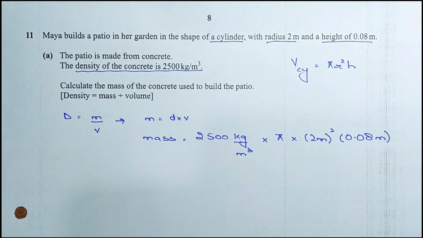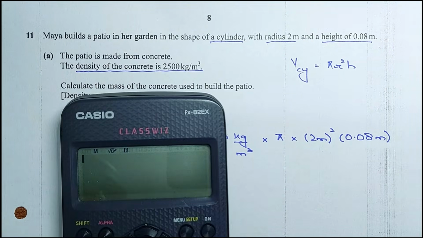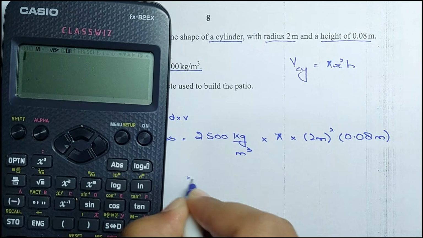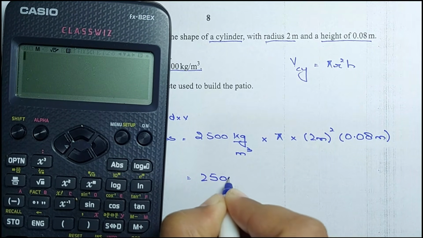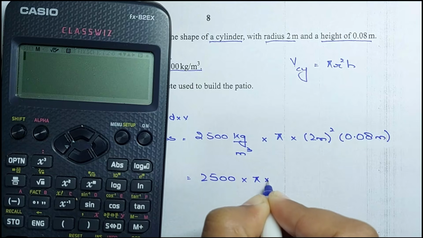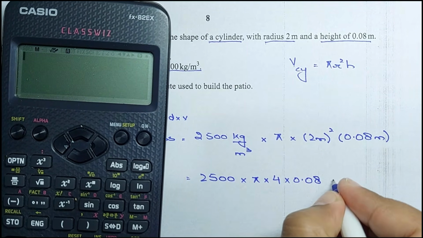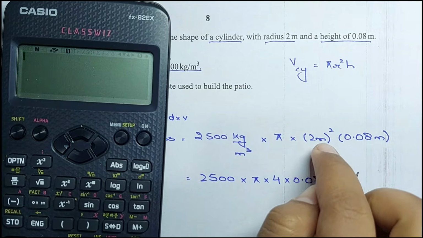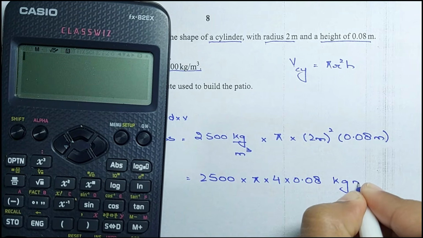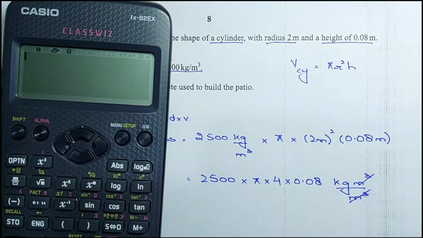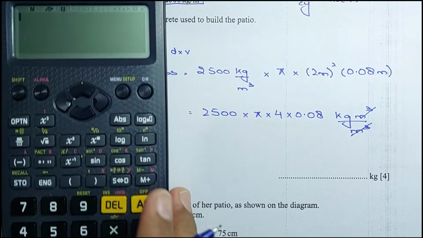All right, so just simplify this. So we have 2500 times by pi times by 4 times 0.08, and we have kg, meter square, and meter would be meter cube, and divides meter cube. So it is cancelled out and we are left with the answer in terms of kilograms, right?